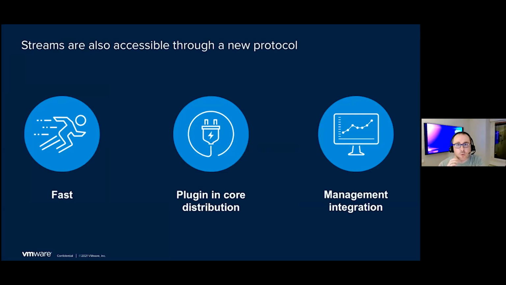So let's explore this new protocol. So it's fast, much faster than AMQP. It's been designed for that partially. It's available through a new plugin in the core distribution. So in RabbitMQ 3.9, there's a new stream plugin that will start a listener on a new port.